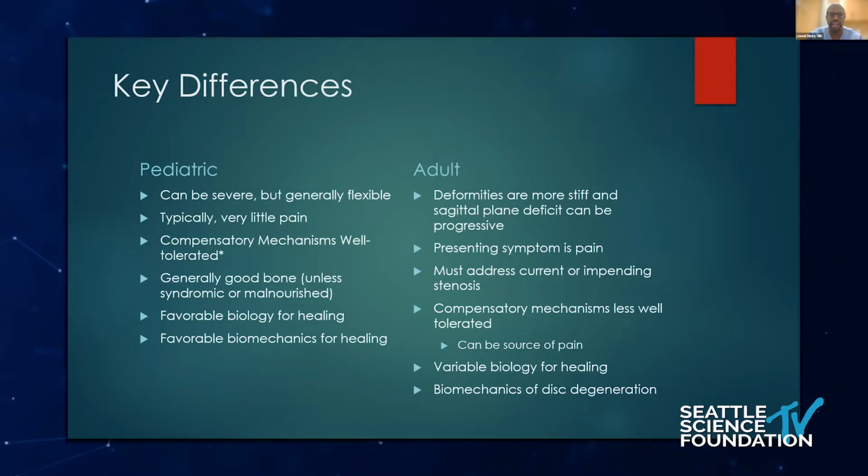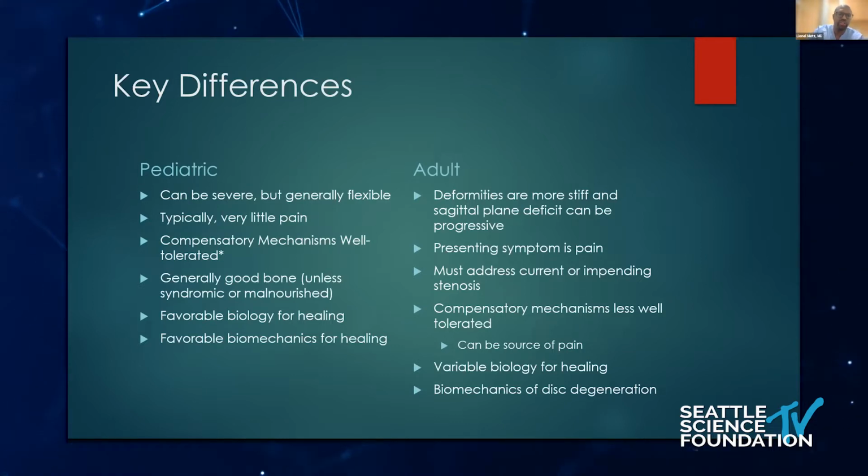Because pediatric compensatory mechanisms are so well tolerated, we often have a maybe overly optimistic view of what we've achieved in the pediatric deformity correction, particularly when we think about the sagittal plane.